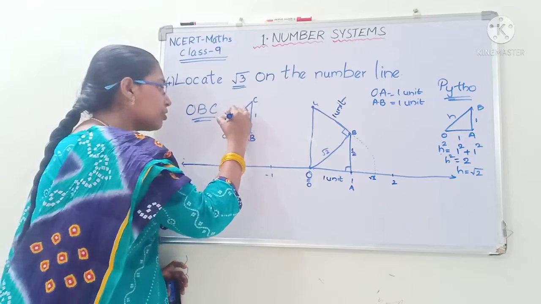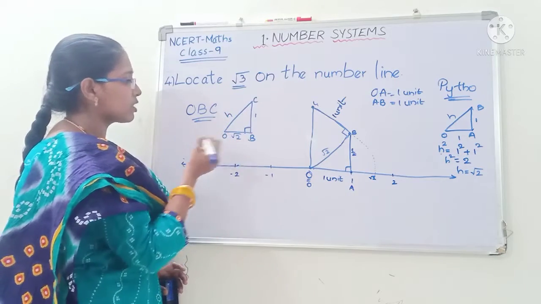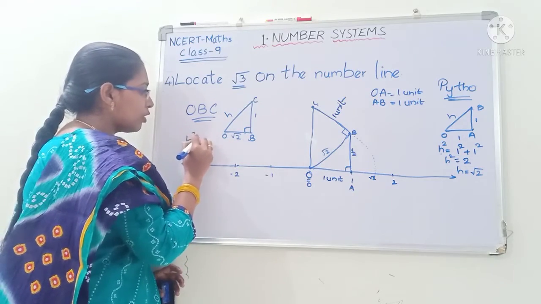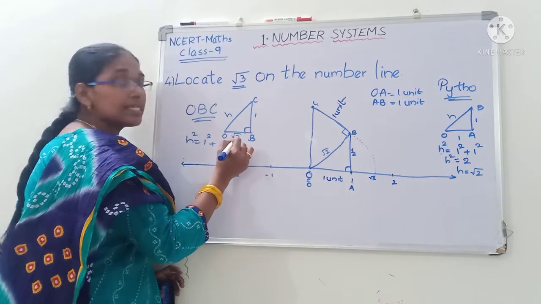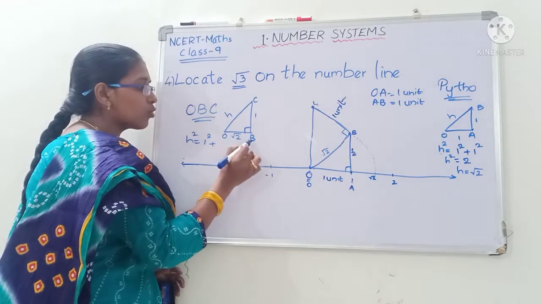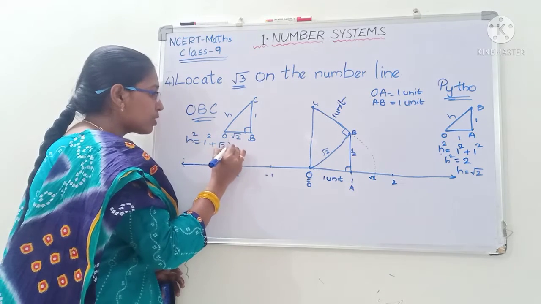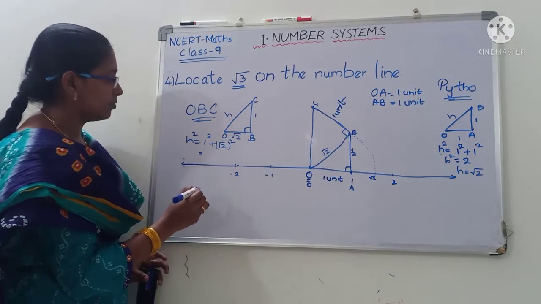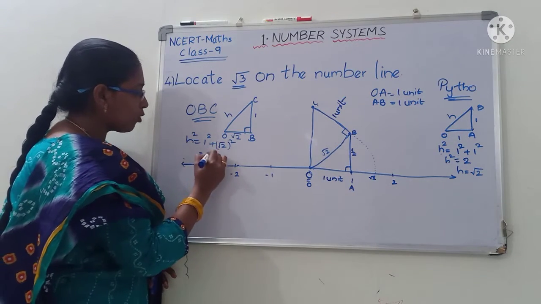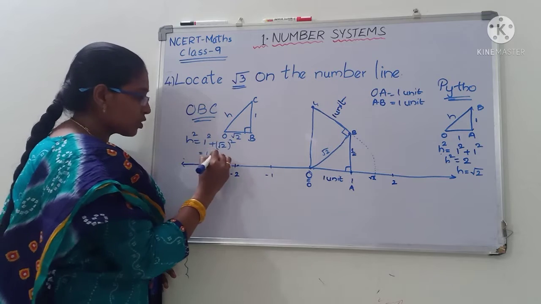You know that hypotenuse square is equal to side square plus side square. H square is equal to opposite side square, which is 1 square, plus adjacent side square. Adjacent side is OB, it is root 2, root 2 square. One square is 1. Root 2 square is 2.